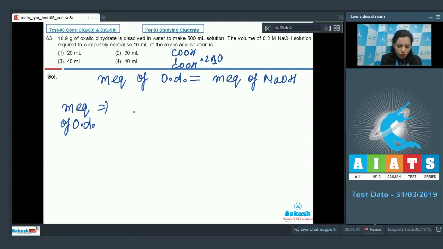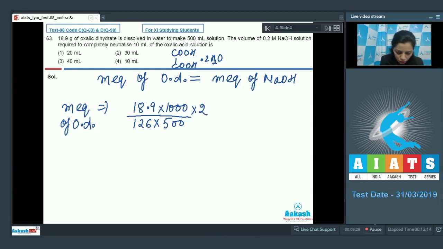How we can find it out? We have 18.9 gram of oxalic acid. Find out its mole. Those would be mass divided by molar mass, and molar mass of this oxalic acid is 126 gram per mole. So these are the number of moles. Just divide it by 500 ml and then multiply 1000, because molarity we have.